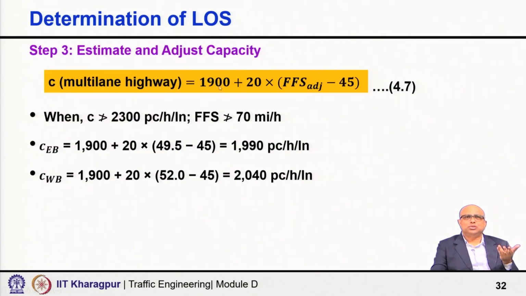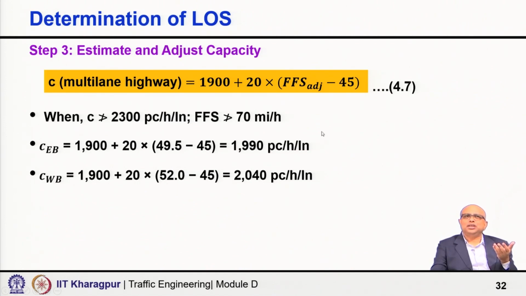So, we took this equation and here again because the adjusted FFS, free flow speed, is different in eastbound and westbound, the capacity also we have to calculate separately for eastbound and westbound. So, eastbound it will be 1900 plus 20 into 49.5 minus 45, and westbound case all this will be 1920, but instead of 49.5 it will be 52 for westbound.